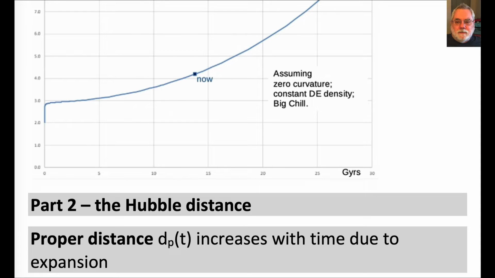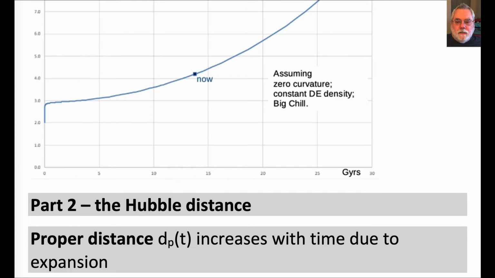That is fairly easy to visualize. Take a galaxy that is 1,000 megaparsecs from us today, scale factor 1. When the scale factor reaches 2, about 11 billion years from now, the proper distance between that galaxy and us will be 2,000 megaparsecs.